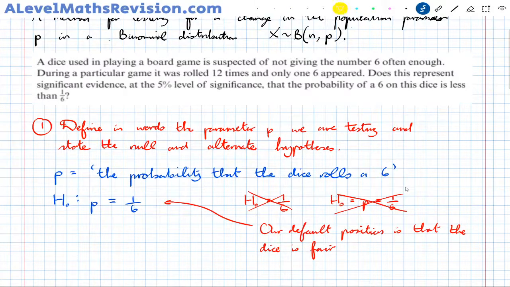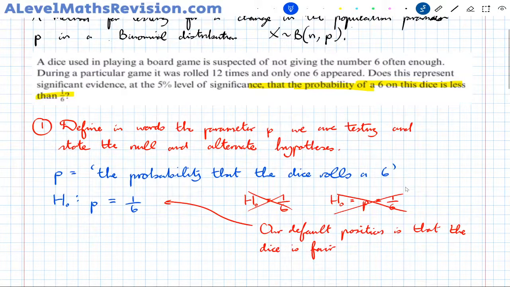But then suspicion kicks in. We suspect that the dice has a probability of a 6 less than a sixth.